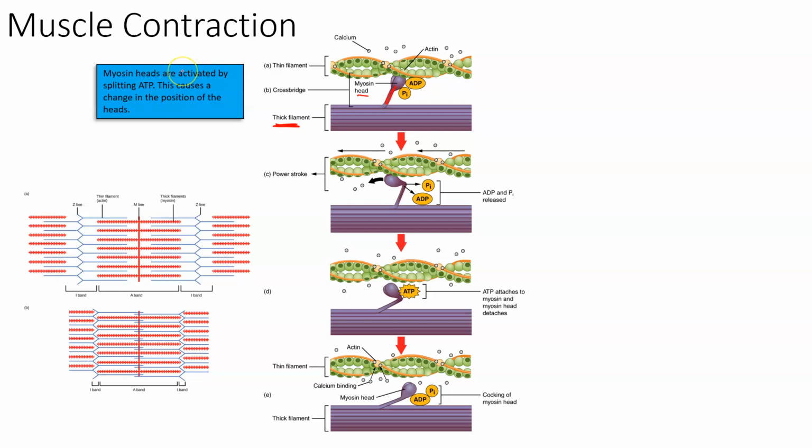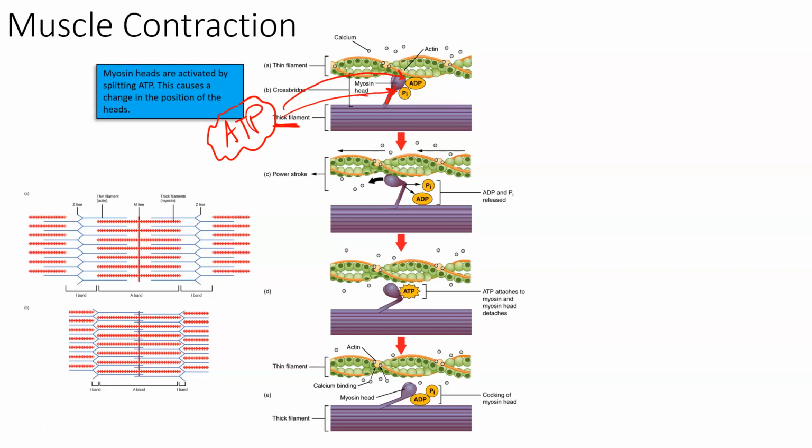Now, the ATP in this particular diagram has already been split. And we know that it's already been split because when ATP splits, it splits up into two products, right? ATP splits and it forms an ADP and an inorganic phosphate.